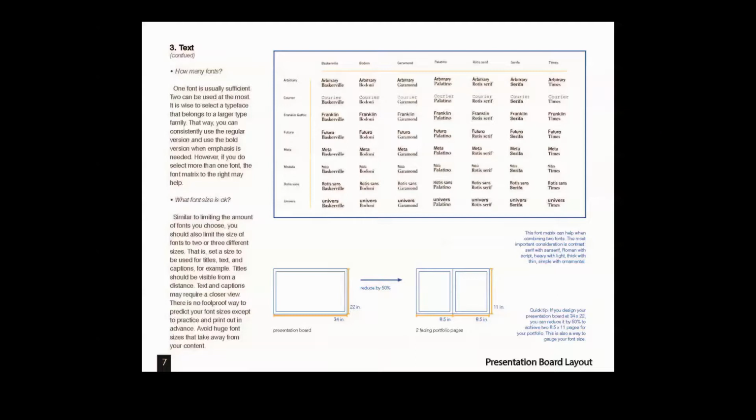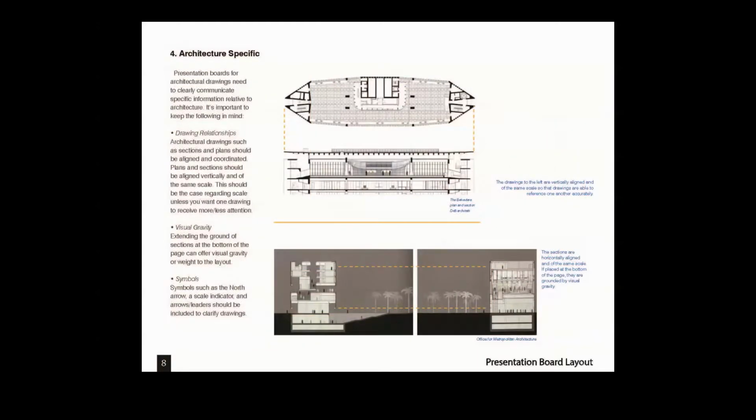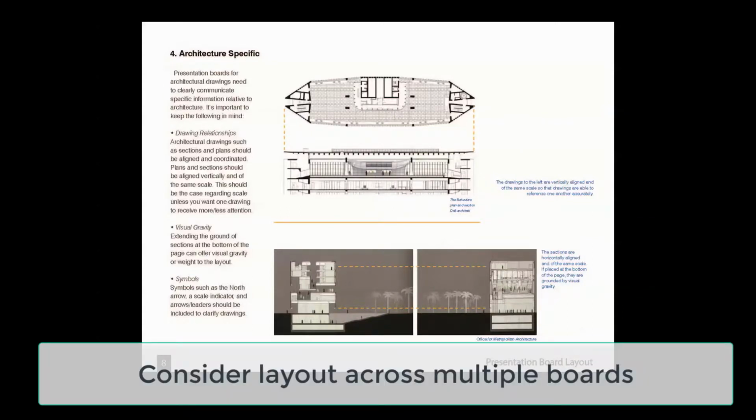Three is absolutely going to be one or two too many. Sometimes you'll see people use a serif font and a sans serif font just for emphasis of particular elements.